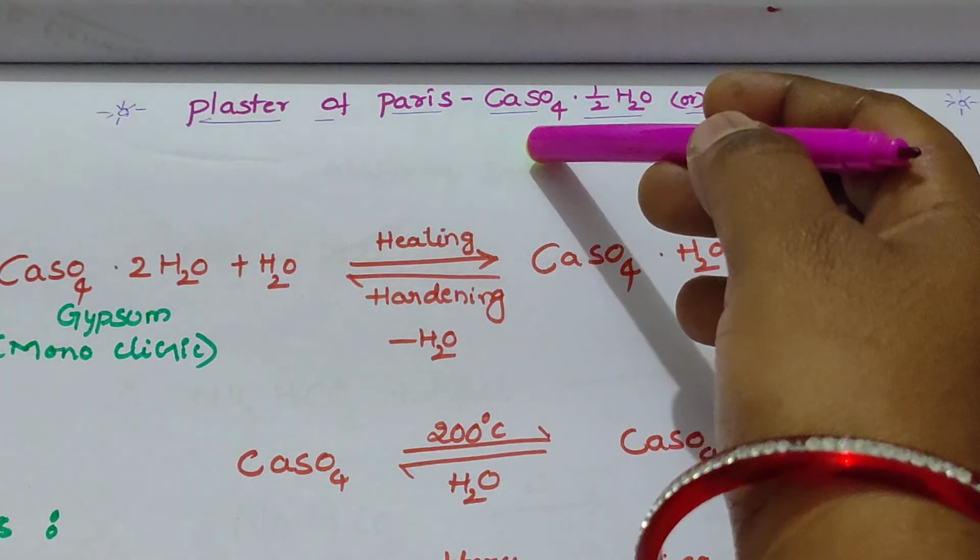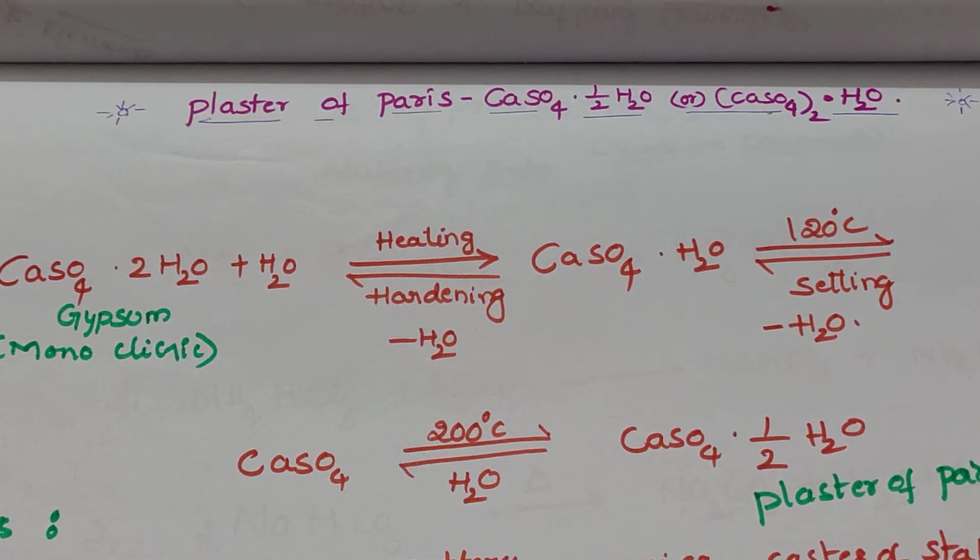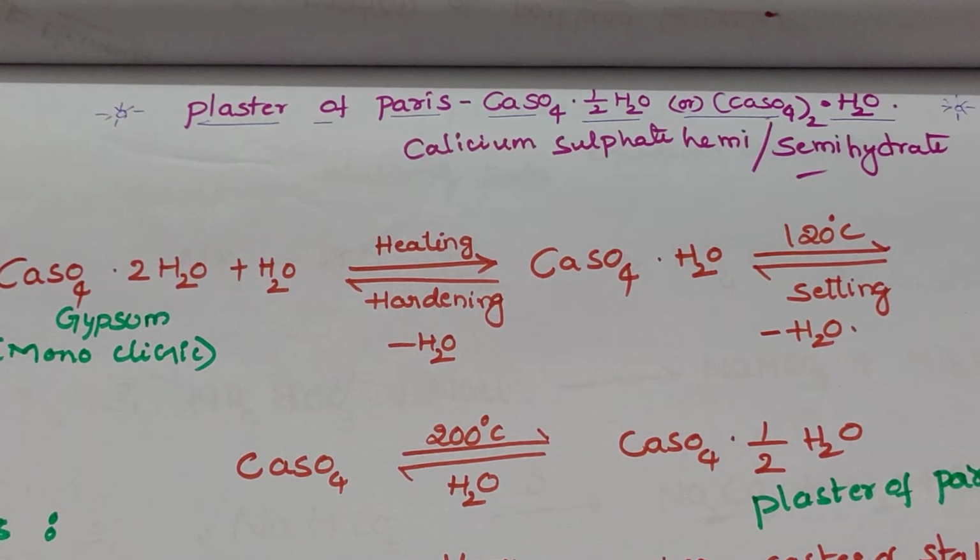The name of CaSO4·½H2O is calcium sulfate semihydrate or hemihydrate. The formula of plaster of Paris is CaSO4·½H2O.